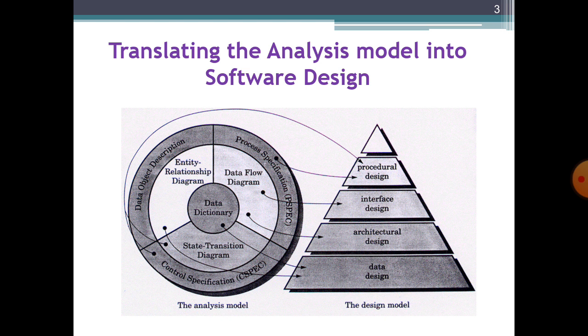This diagram shows a mapping from the analysis model to the design model, and in this mapping you can see where we get the procedural design, what part of the analysis model contributes to the interface design, what part contributes to the architectural design, and how the data dictionary and the entity relationship diagram contribute to the data design.